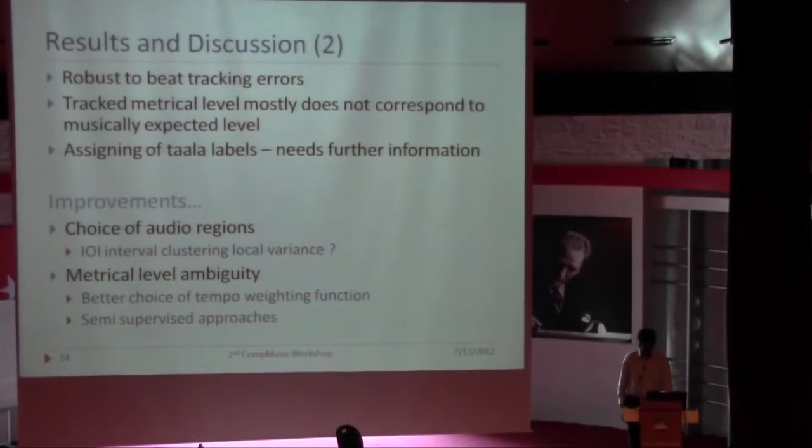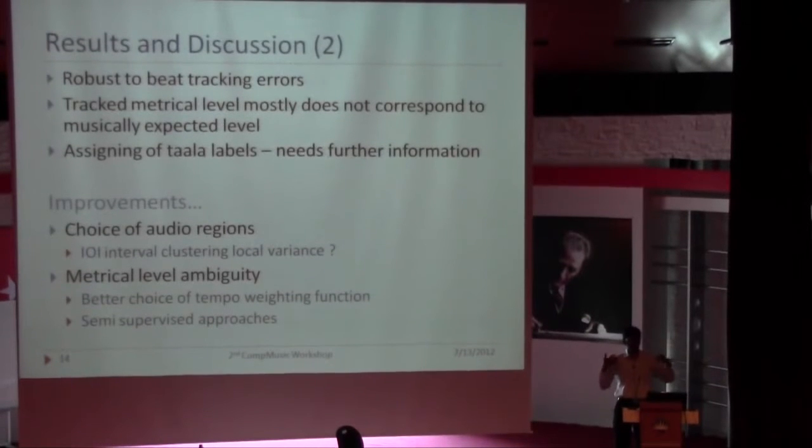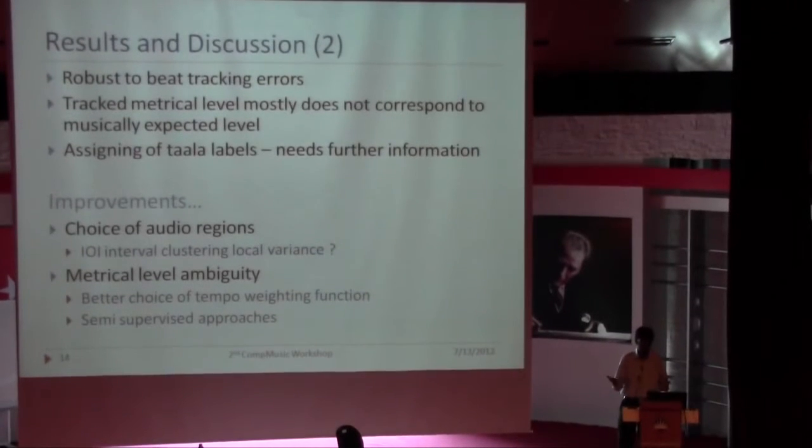One thing to be noticed here is that though there is a metrical level ambiguity, it gets, in a way, nullified when we consider both the sub-beat structure and the supra-beat, the long-term periodicity, in the sense that a 3 and a 16 could also be detected as 6 and an 8, and they would correspond to the same thing, just tracked at multiple metrical levels.